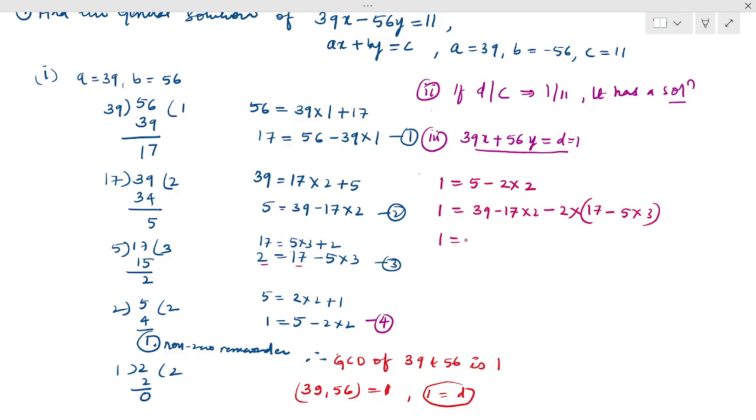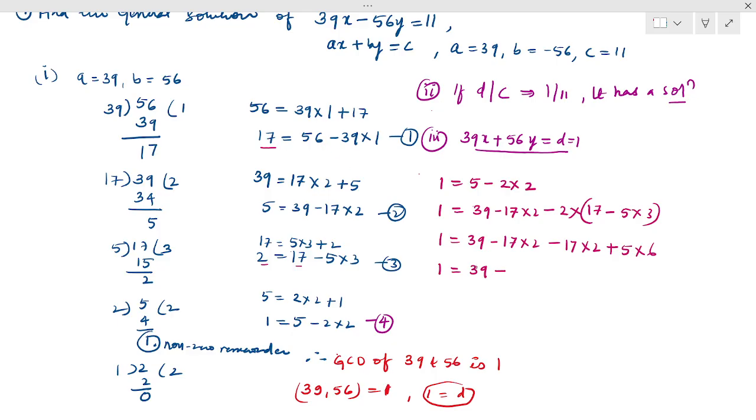So 1 is equal to 39 minus 17 into 2. You can multiply. This can be written as 17 into 2, minus minus plus. Write 5 as it is. 2 3s are 6. Next, 1 is equal to 39, write as it is, and substitute the value of 17 by using equation number 1.